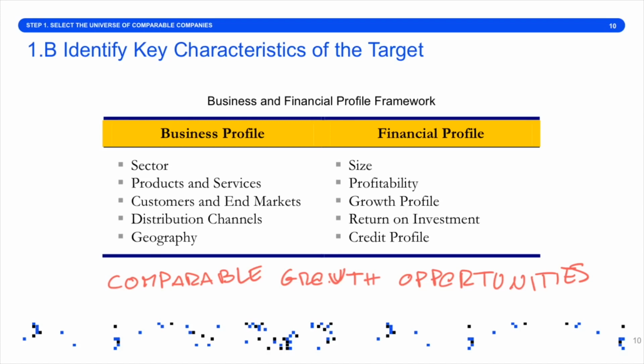This is what you really want. You want to find companies that will very likely behave in a similar way in the future. And this means they should be in the same sector with the same business model, same type of products and services, same types of customers, same types of distribution channels and geographical breakdown, similar profitability, similar size. Ideally, you want an exact replica of the company. You will never find it, and so you need to make some choices.